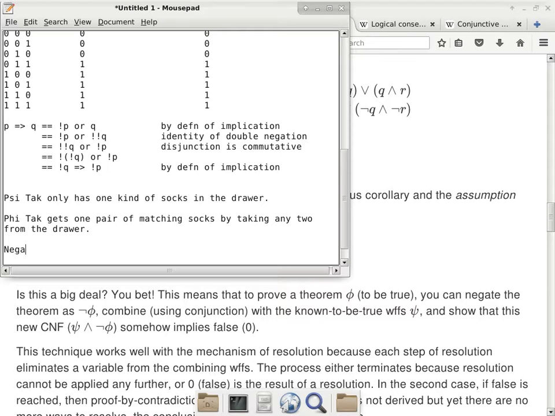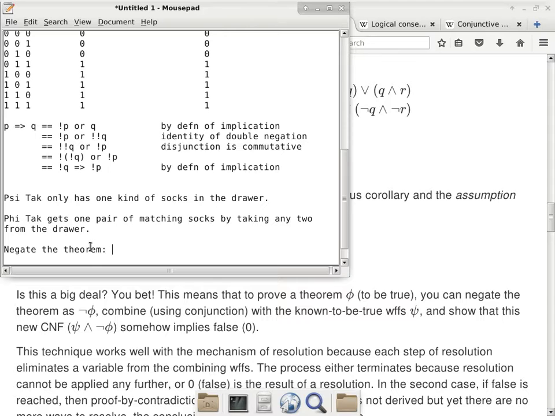So the first thing I do is to negate the theorem. Negating the theorem means that I'm negating this particular sentence here. What is the other way to say that this is false? Instead of saying, double quotes, Tag gets one pair of matching socks by taking any two from the drawer, end quote, is false, what is the other way to say this?